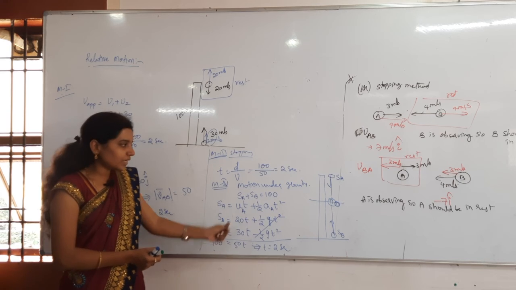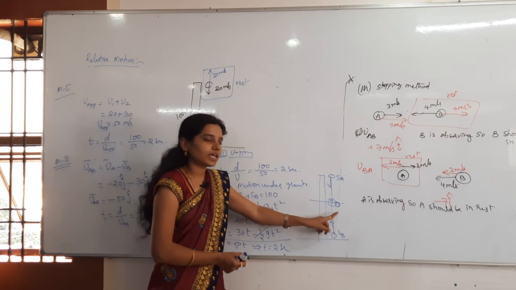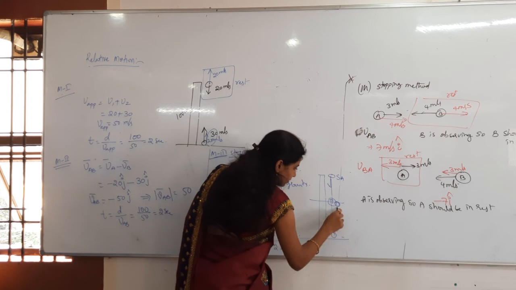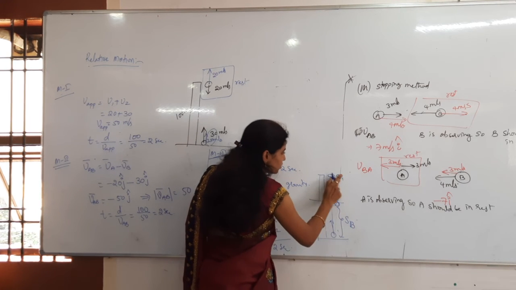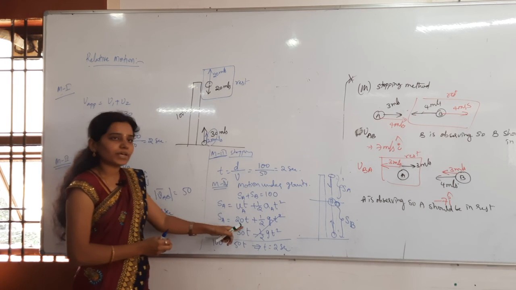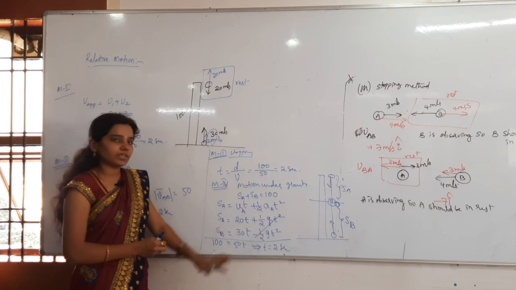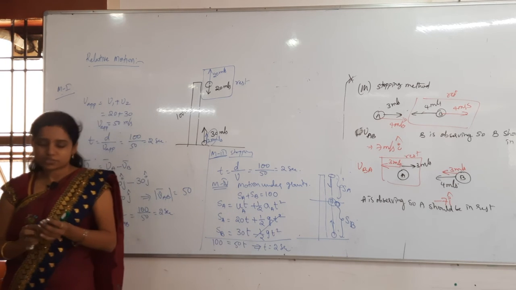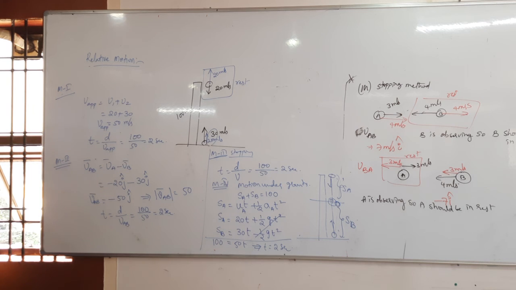In time t, A is moving SA and B is moving SB, so both are taking the same time. After that I added them and it got cancelled. Then t is equal to 2 seconds. Copy all the methods and follow whichever is easy.